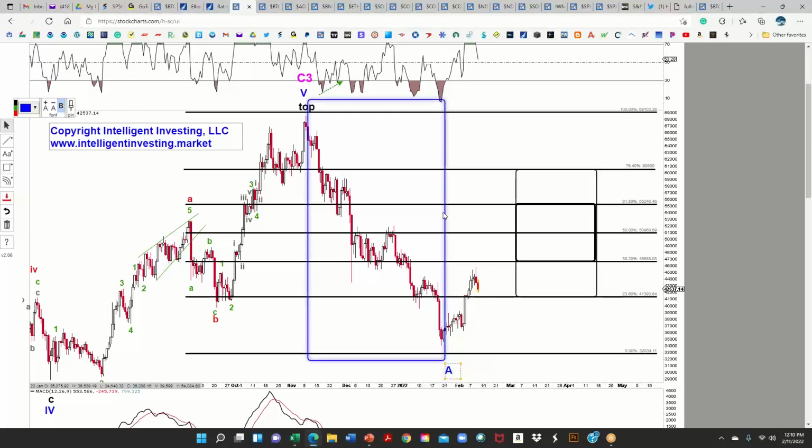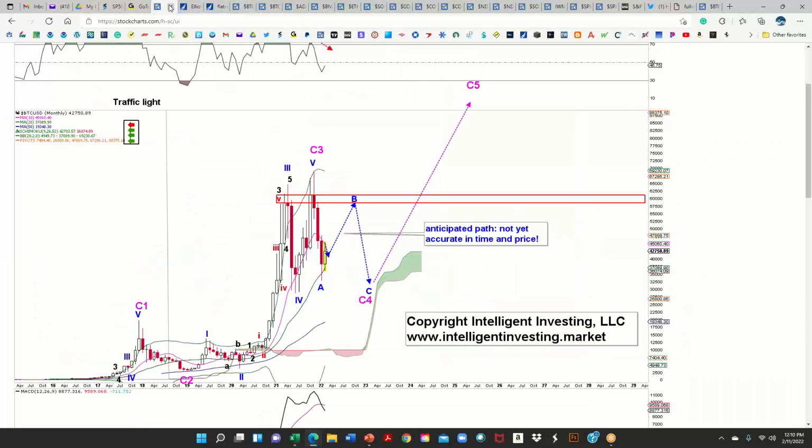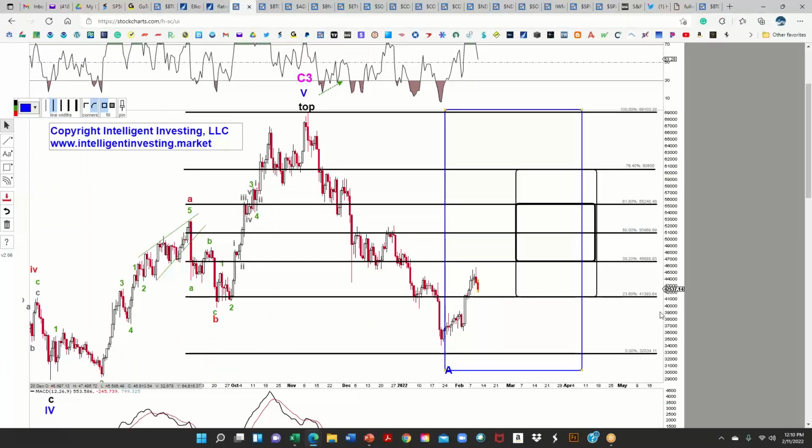Now, if anything is of a primary degree, it should last a month or so at the minimum, right? So we should be looking for a month. Is that something we've seen before? Yes, we've seen bounces that last a month. It should be at the minimum a month in time. Excellent.